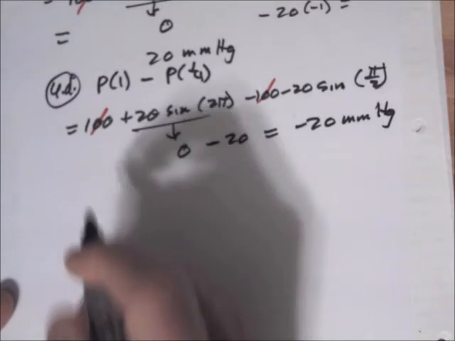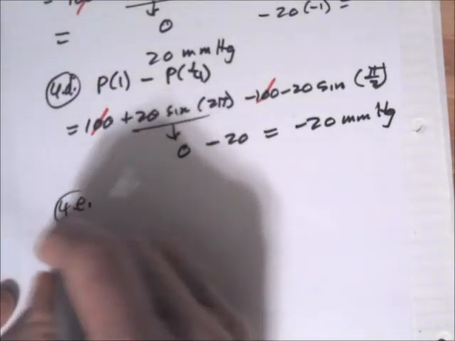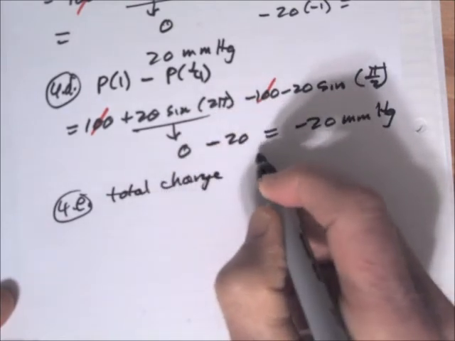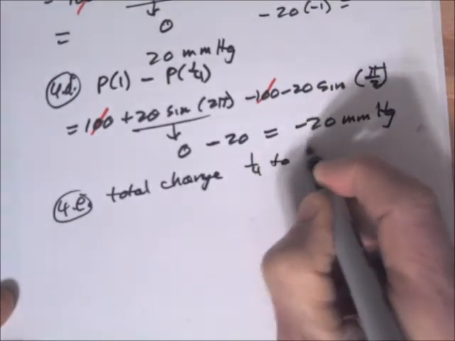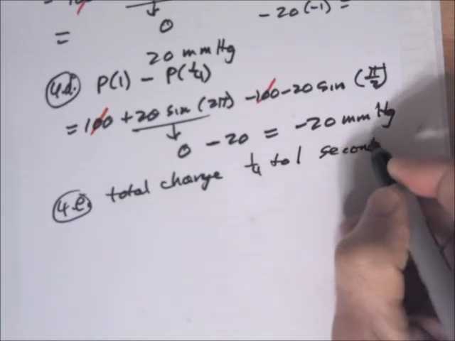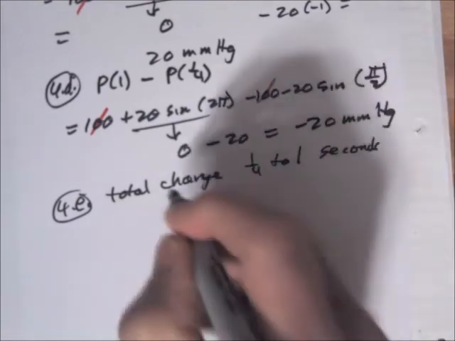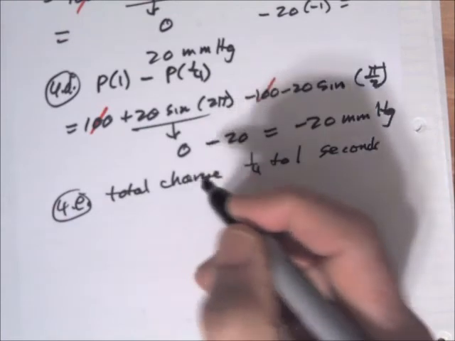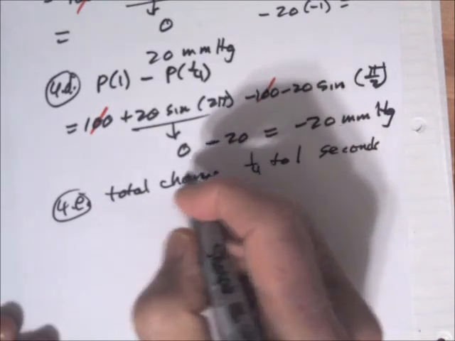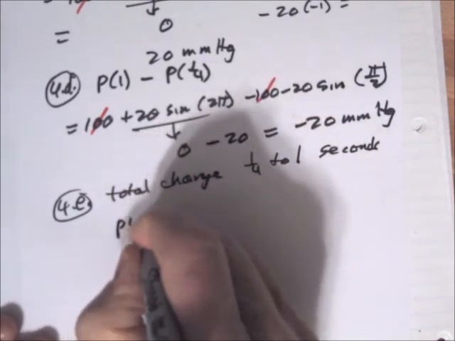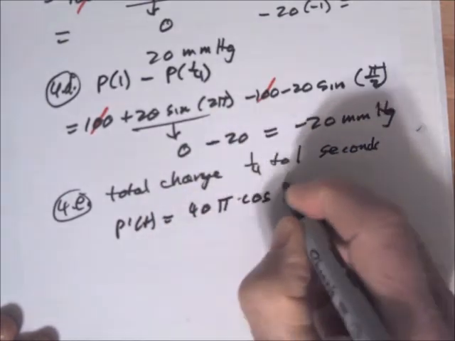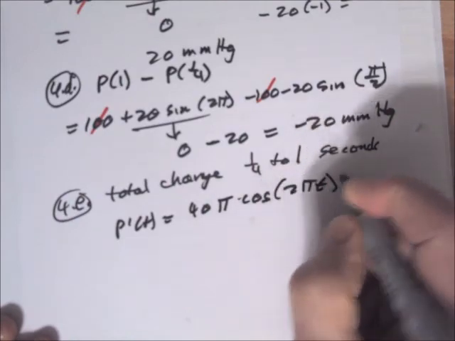Part E, the total change from 1/4 to 1 second. Okay, so p prime of t we said was 40 pi cosine of 2 pi t.